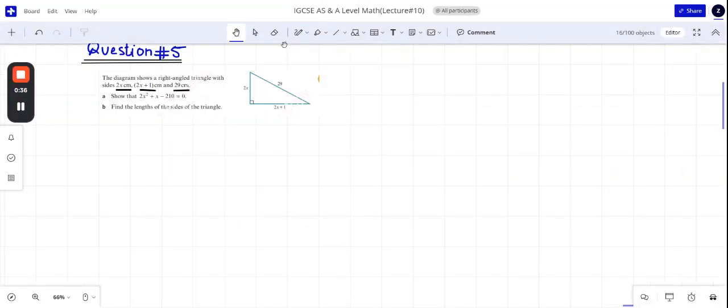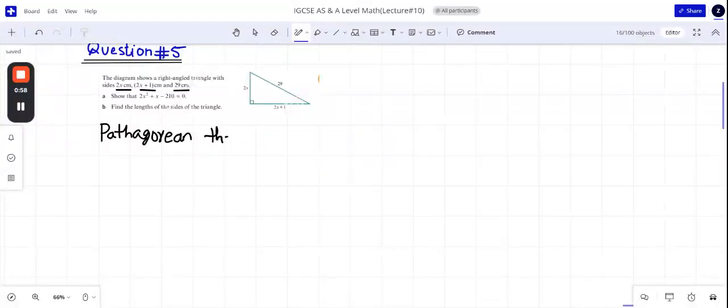Now the right angle triangle we can solve by using the Pythagorean theorem. The Pythagorean theorem says the hypotenuse squared equals the sum of the squares of the base and adjacent.